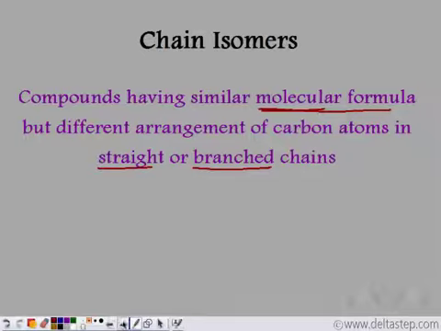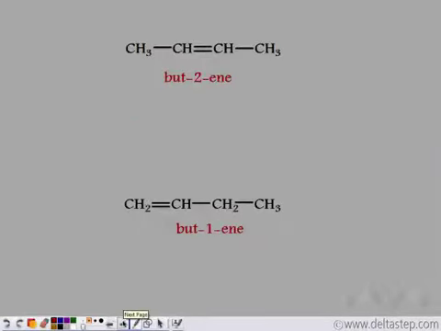Let's look at another example. In this case, we have but-2-ene. Since the double bond is present at carbon number 2, if we see the molecular formula, it is C 1, 2, 3, 4. And hydrogens we have 3, 4, 5, 6, 7, 8. This is the molecular formula of but-2-ene.